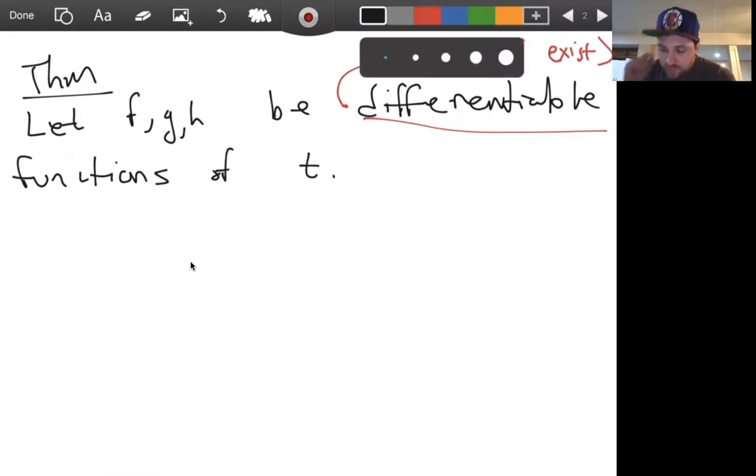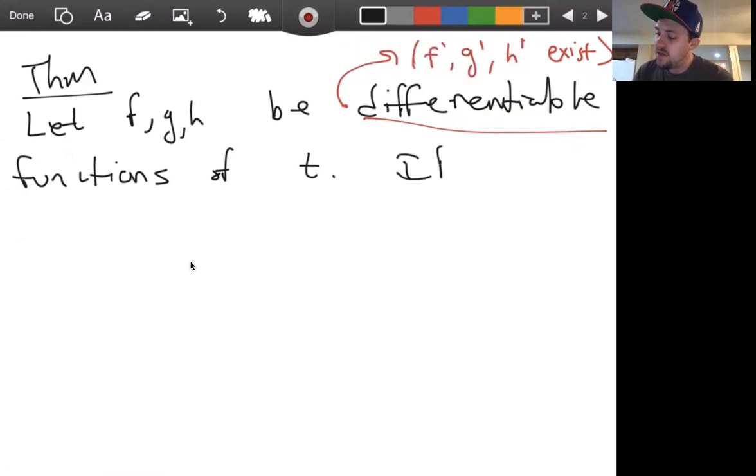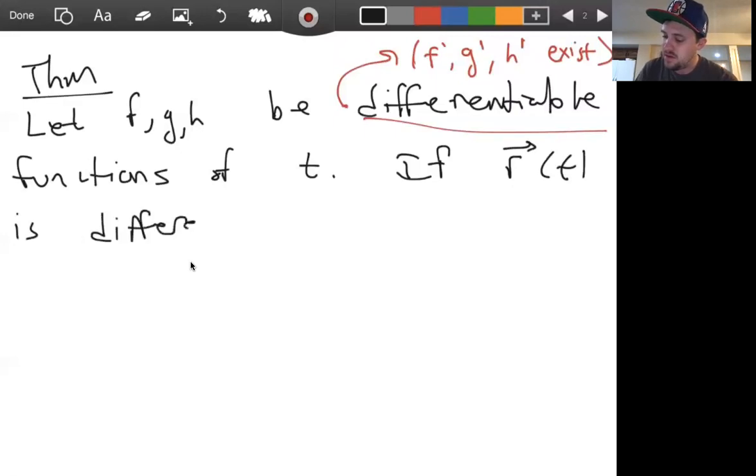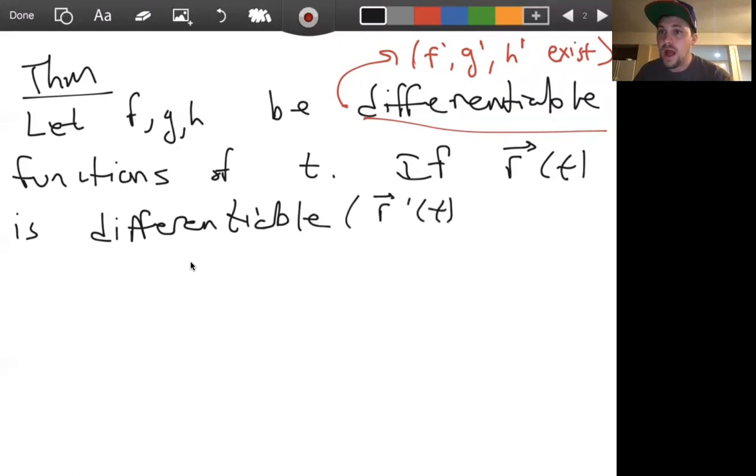So let's let f, g, and h be functions of t. If r of t is differentiable, and this time when I say that r of t is differentiable, I mean r prime of t exists.